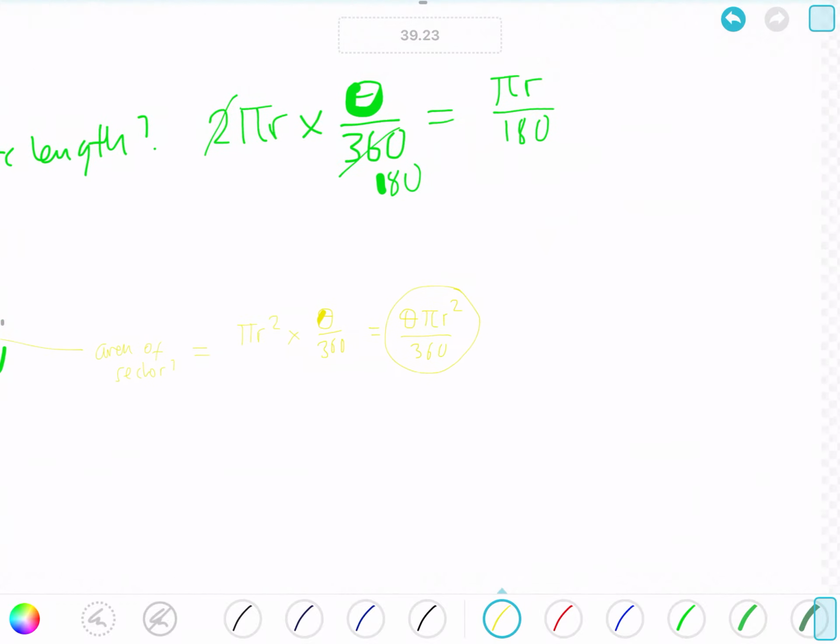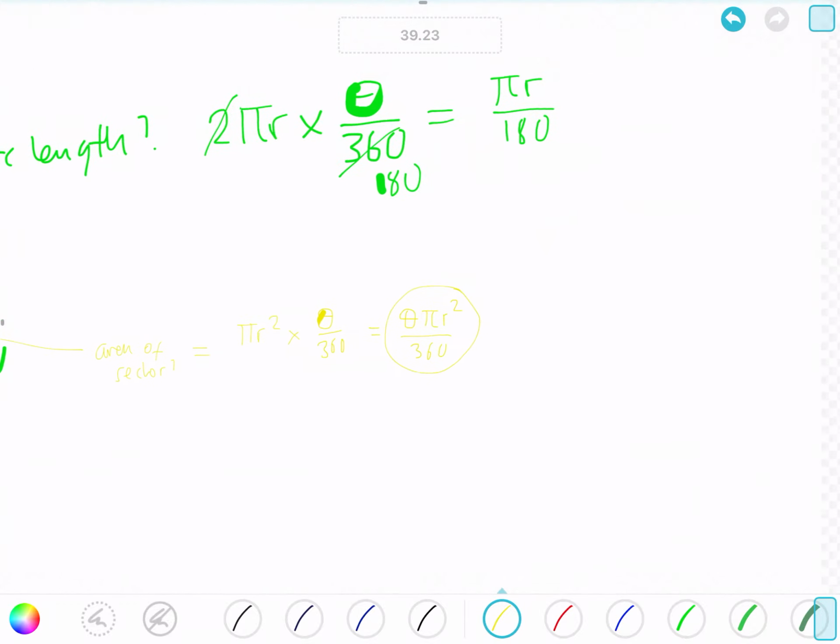So let me write this down, arc length. You'll definitely want to write this down because this is the formula for arc length. Can you see how it's much nicer than pi r over 180, which was the degrees version? The radians version is simply radius times angle, and that's because of the way radians are structured.